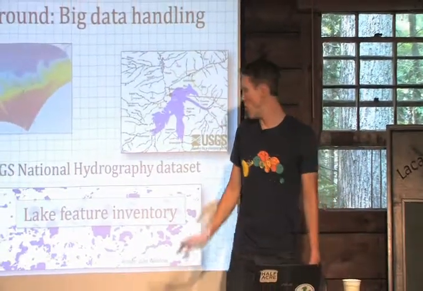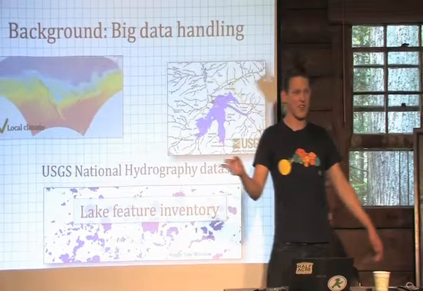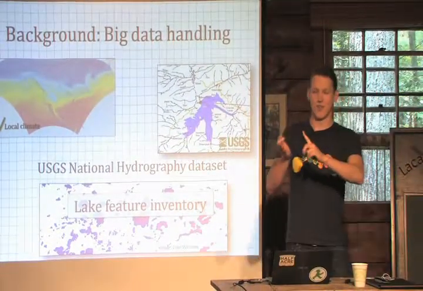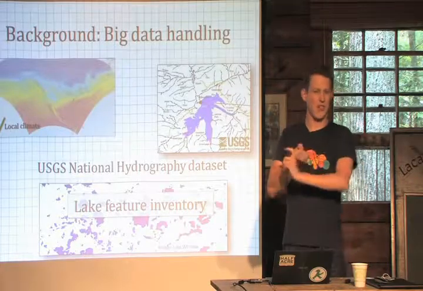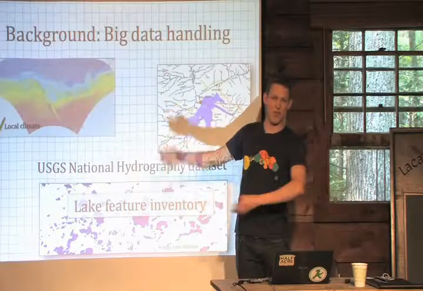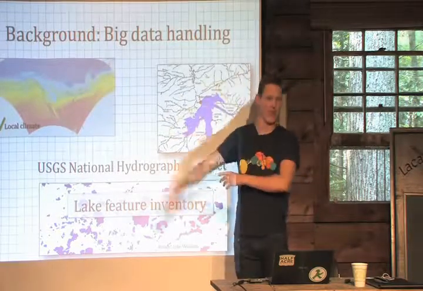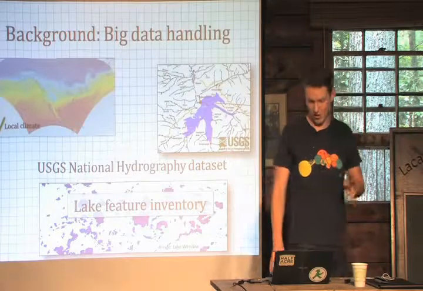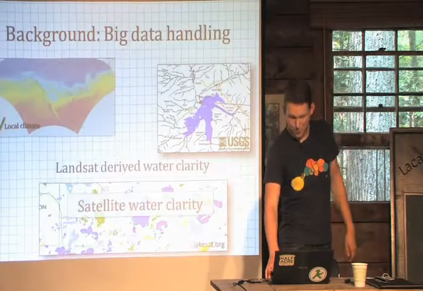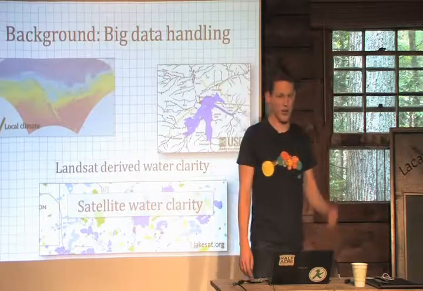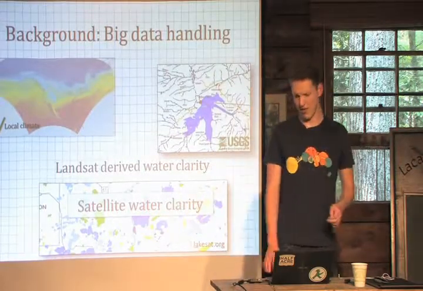We're also using the USGS National Hydrography data set, well curated, available online, in shapefile formats. 56 gigabytes worth of shapefiles which define all of the lakes, rivers, and streams in the US is relative. And we're also using some satellite water clarity that we got from a group in Wisconsin.